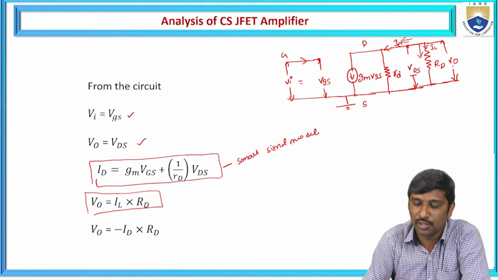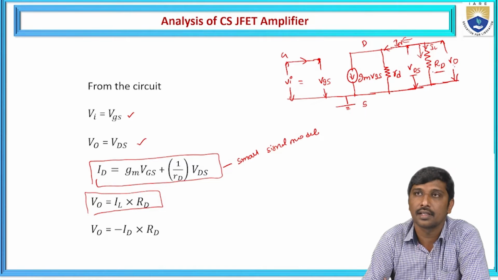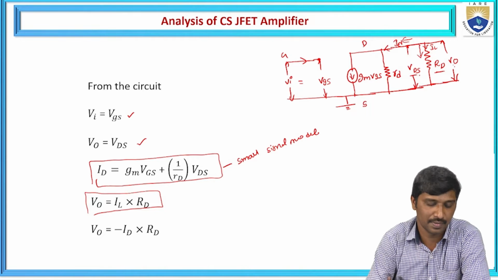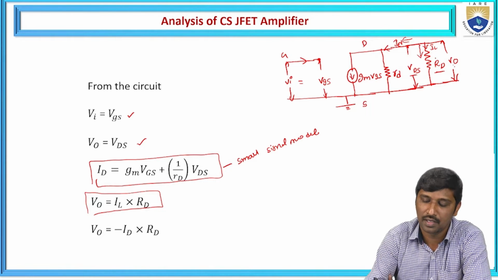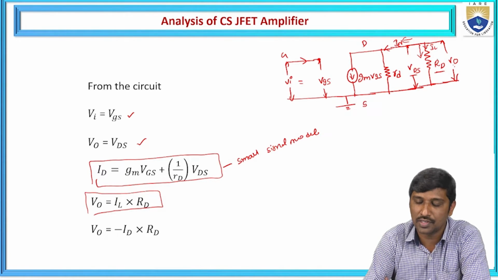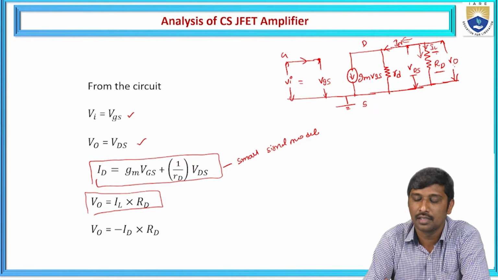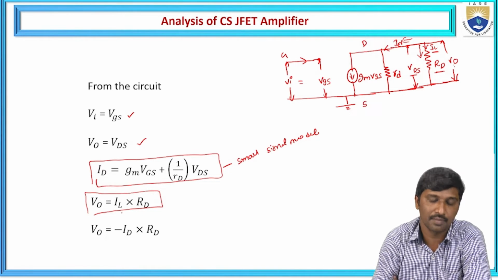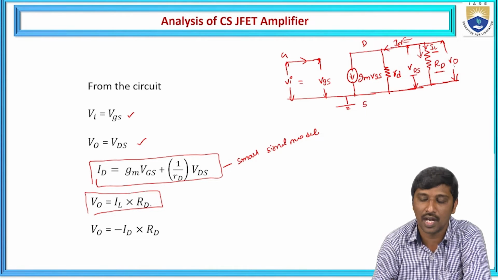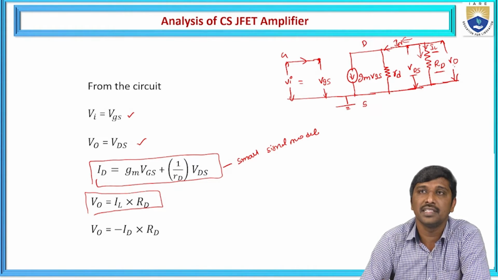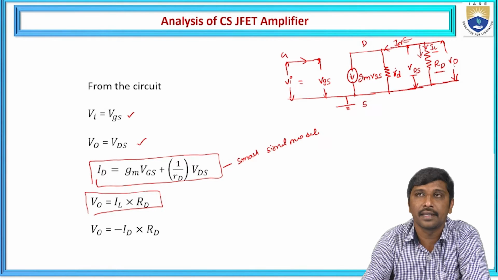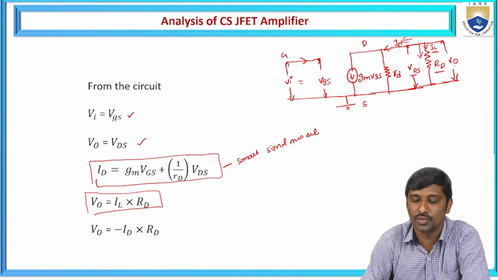So if you want to write the voltage drop across this capital RD resistance, or external load resistance, it is represented as V naught is equal to, which current do we assume across this RD? Here we assume the load current IL, hence it is represented as IL times RD. From this circuit analysis, whatever drain current is delivered, the same amount of drain current flows through the external load resistance RD.